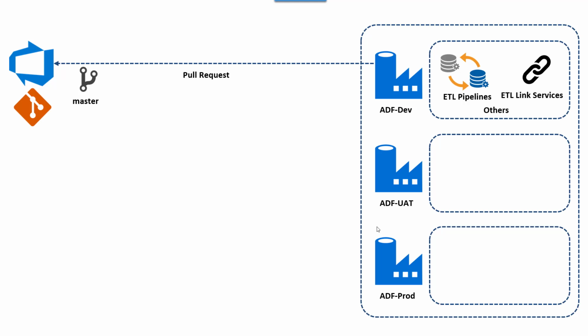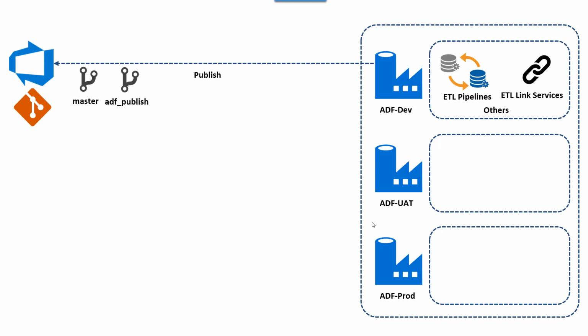Now I can go to Azure Data Factory and start publishing the changes, and this publish process will create the ADF publish branch. This publish branch includes the ARM template that represents all the ETL pipelines, linked services, triggers, datasets, and all other components, which now exist in the ADF publish branch.